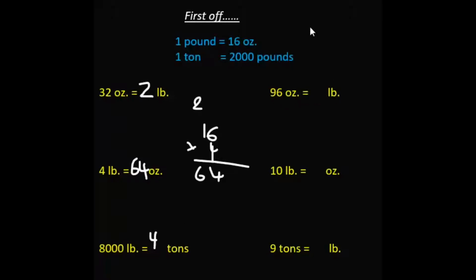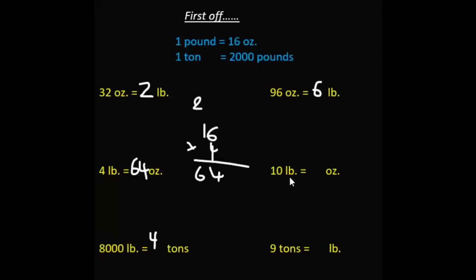So all I have to do here is 96 divided by 16. Okay, so let's just start counting. So 16, 32, 48, 64, 80, 96. So 6. So 96 ounces equals 6 pounds.